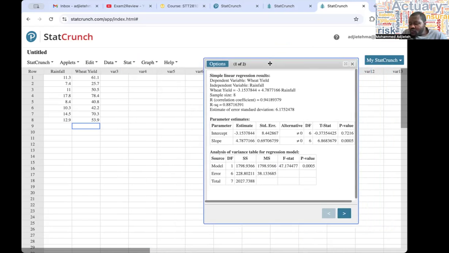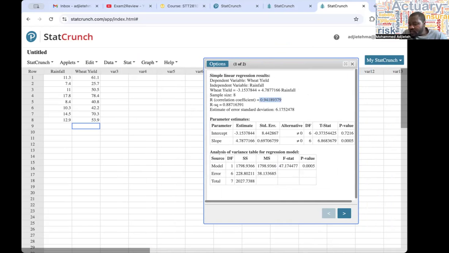And then we are asked to find the correlation. Correlation is R. You see it's here, 0.9418. So I think it's 0.942 in the answer.